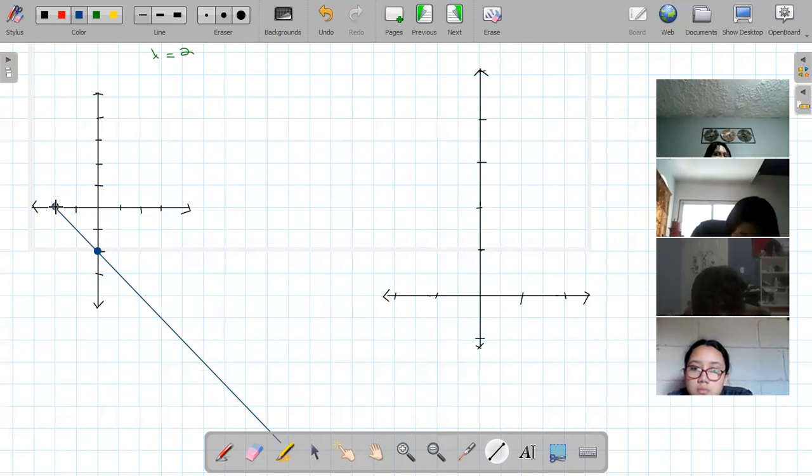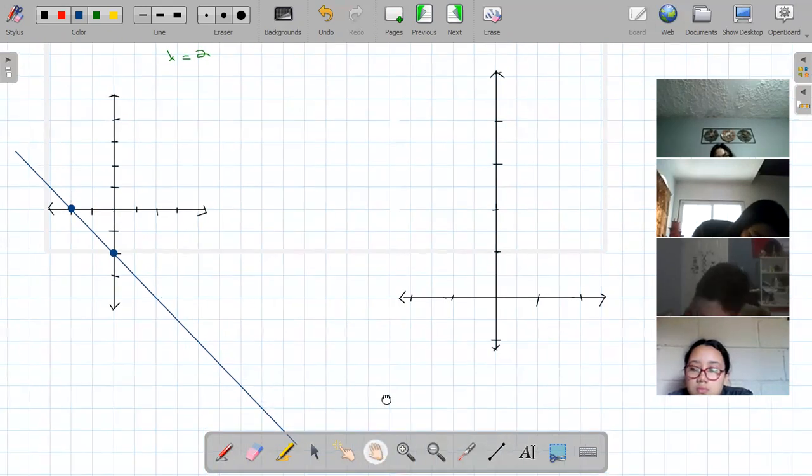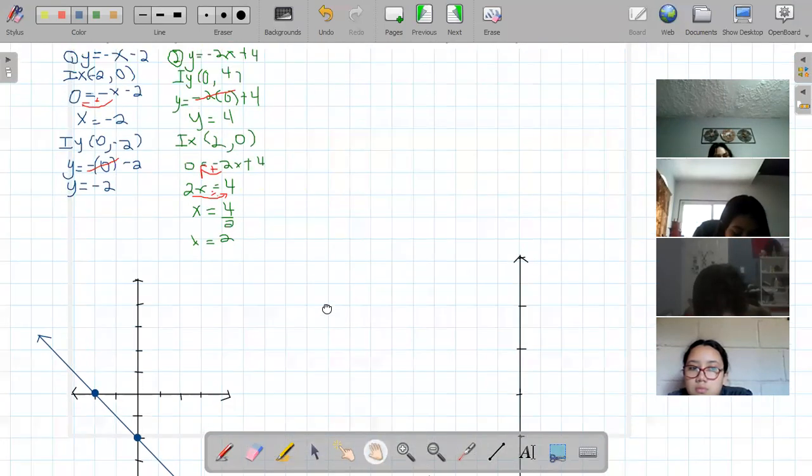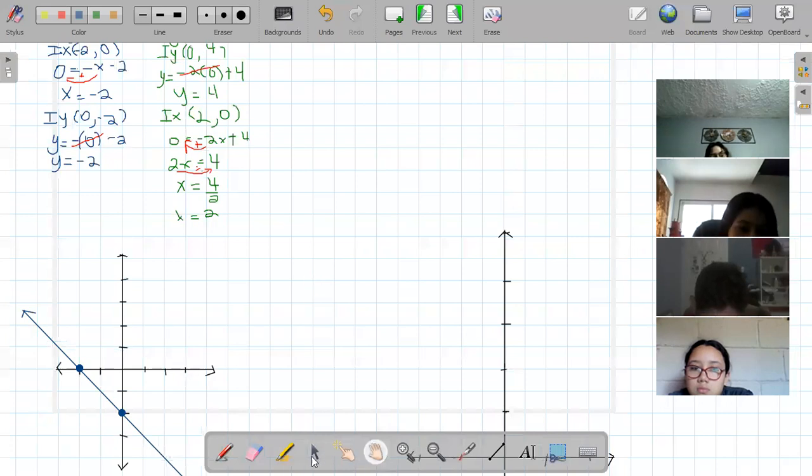And now I'm going to go to the other side, also extended, okay? Afterwards, I'm going to place the arrowheads. Right now, I'm going to leave it like that. Now let's go with the green one. For the green one, we need to graph 0, 4 on the y.